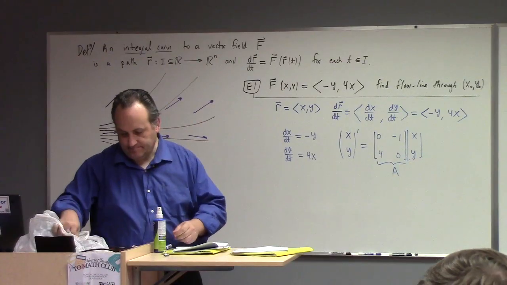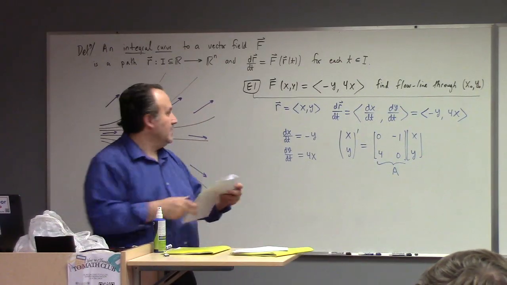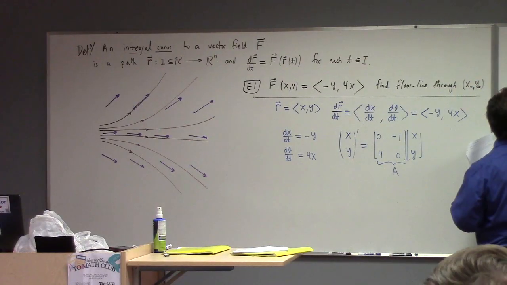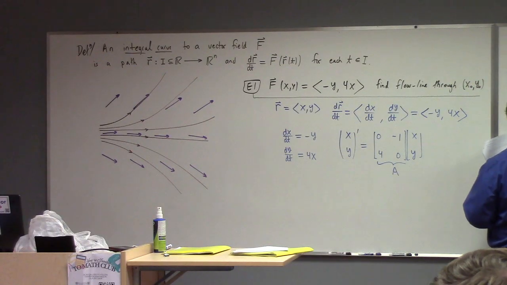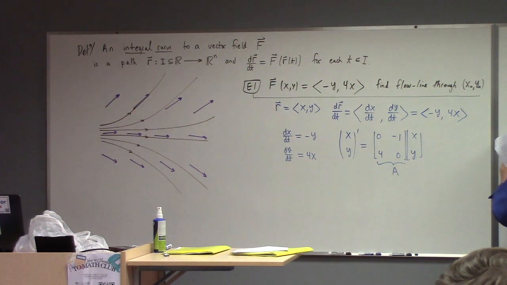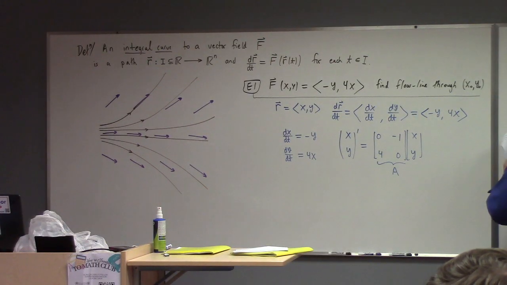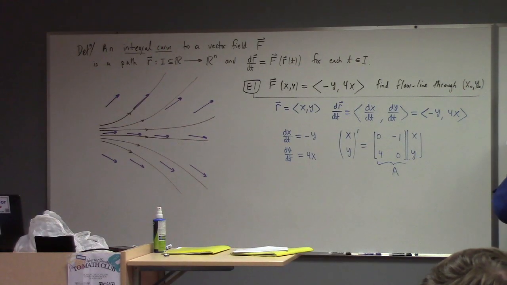It turns out that here, A has eigenvalue lambda equal to plus or minus 2i. And if we use lambda equals 2i, you get the eigenvector like (1, 2i).